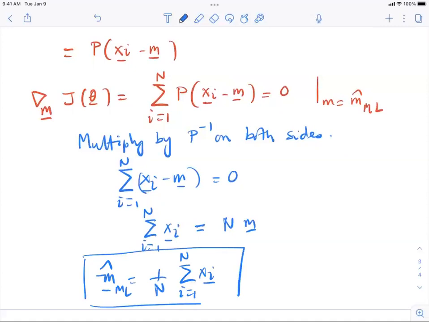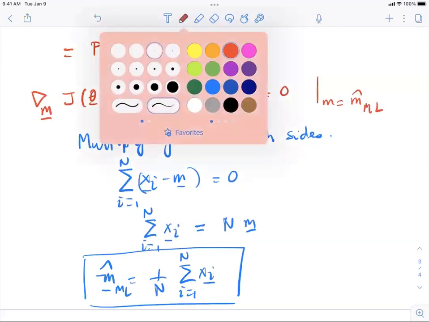So that's a simple exercise in gradient computation, and we get the answer that we had gotten before, just we did it a bit more slowly.